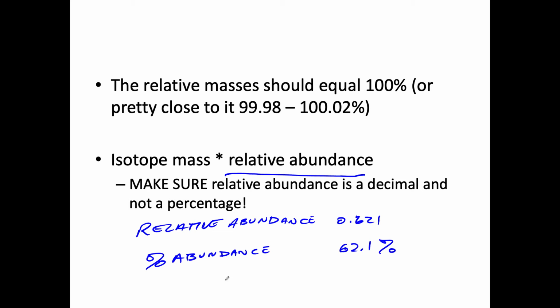So there's a difference between the two. Guess what? You did a lab on this a week and a half ago, so this should be relatively fresh in your head. So on this assignment that we're going to work on, we're going to calculate the average atomic masses of all these elements.